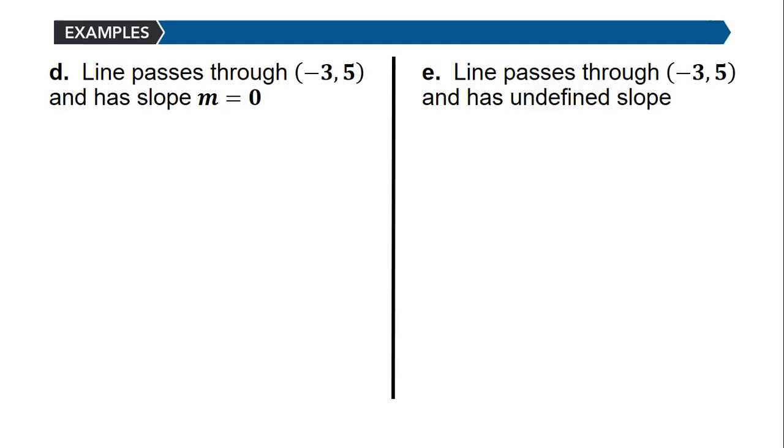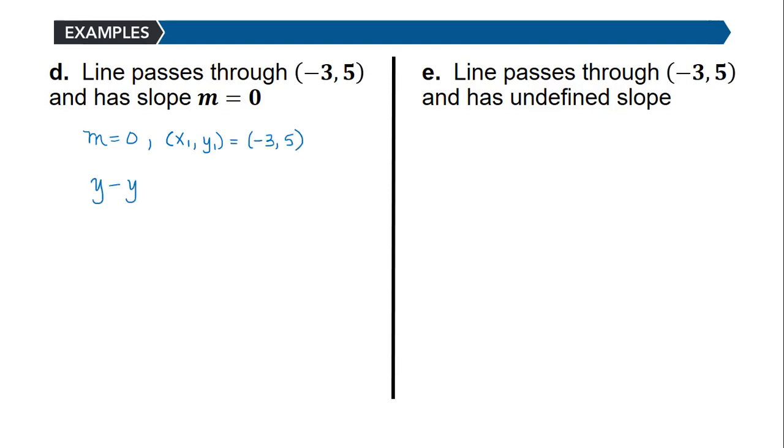Now, the last two examples will be special cases of lines. Part D has a line that passes through the point (-3, 5) and has slope m equals 0. Now here we actually know a slope and we know a point, so we could just immediately plug into the point slope form, to get m is equal to 0, our x1, y1 is (-3, 5).